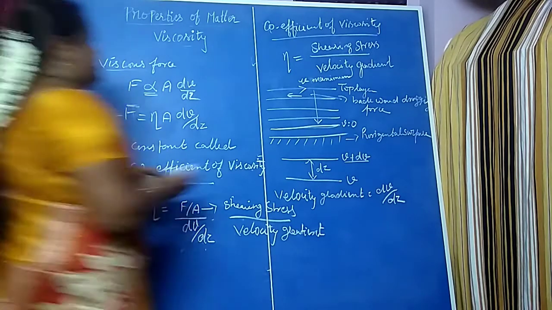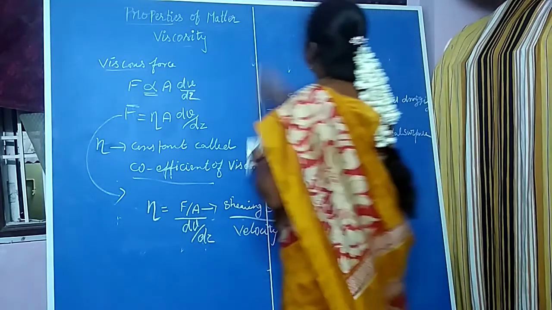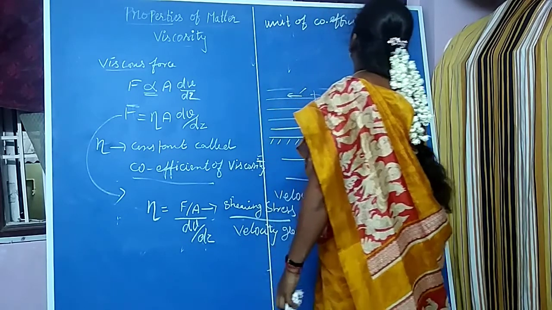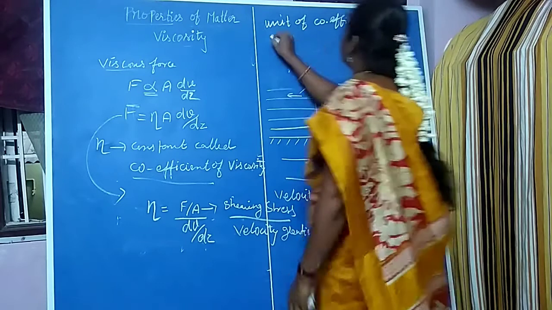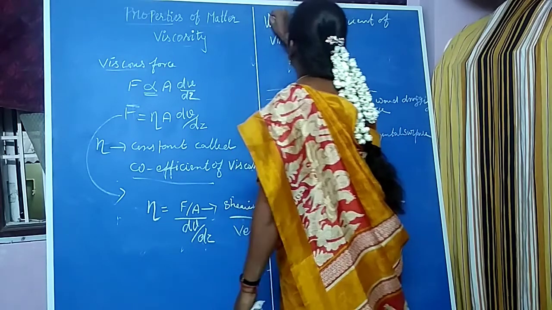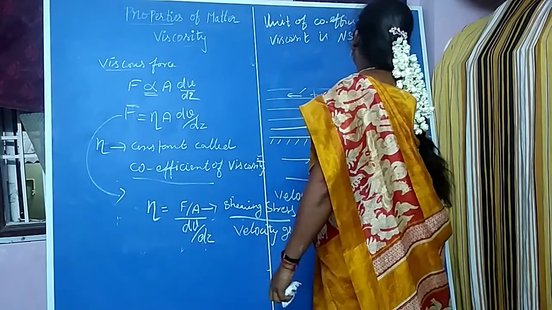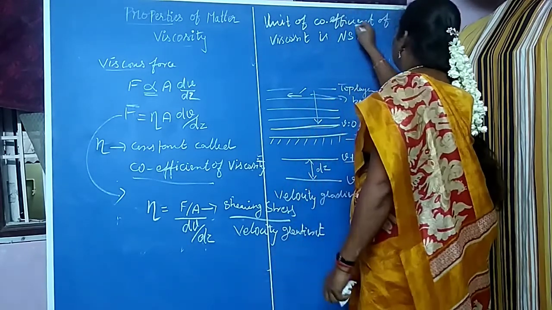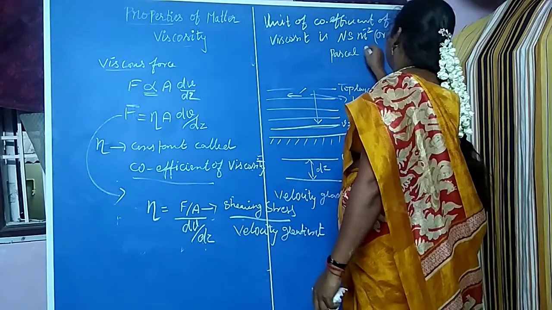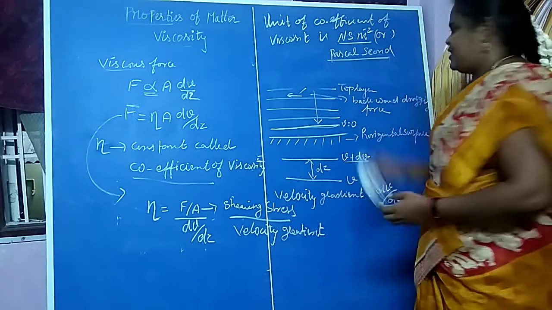The unit of coefficient of viscosity is newton second per meter square, or we can write Pascal second. This is the unit for coefficient of viscosity.